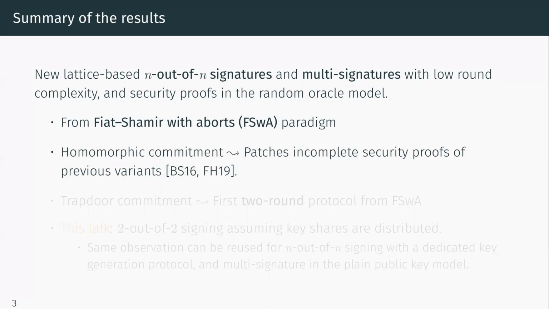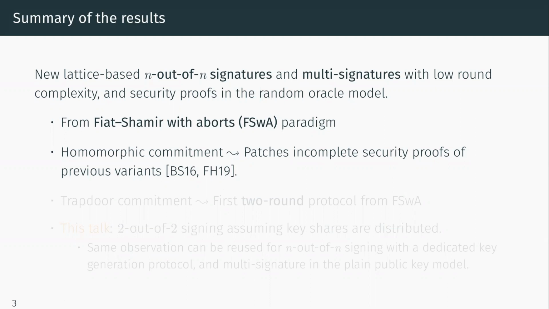And the main technique of this work is the application of a homomorphic commitment. So why is it good? There have been a few different similar constructions following the Fiat-Shamir with aborts paradigm. However, we found that the security proofs of those schemes are actually incomplete. So by applying this homomorphic commitment, we can show that the security proof can be completed.